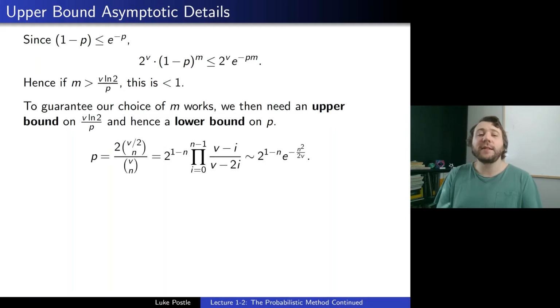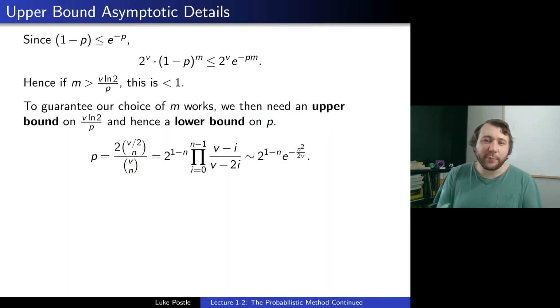It's 2 times (v over 2 choose n) over (v choose n). That can just be rewritten, so you can cancel the n factorials. You can divide through by 2, so you get 2 to the 1 minus n times this product of (v minus i) over (v minus 2i). And it can be shown that that's approximately 2 to the 1 minus n times e to the minus n squared over 2v.